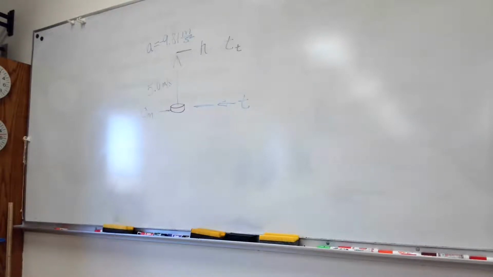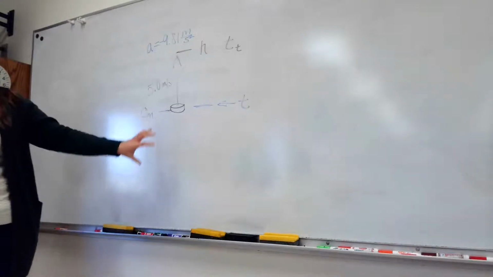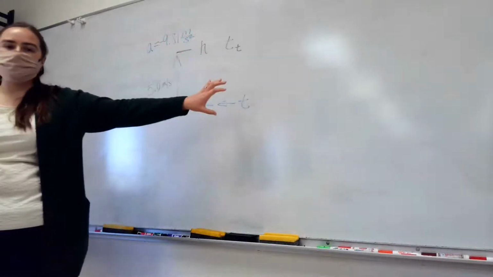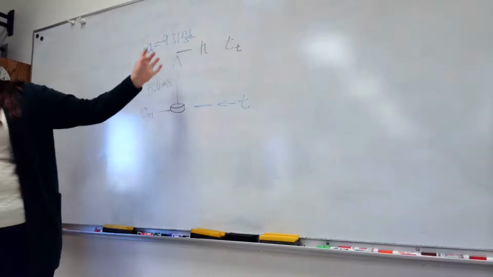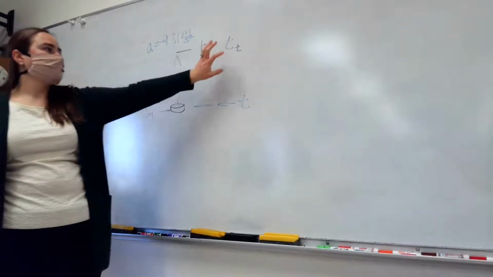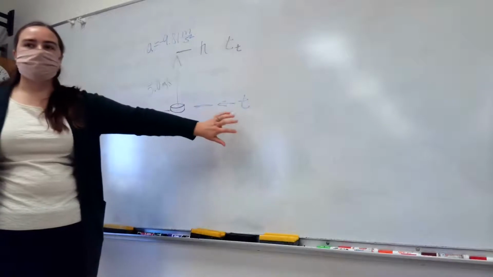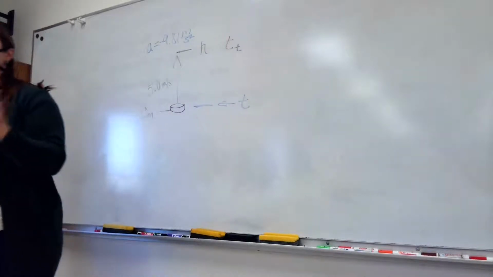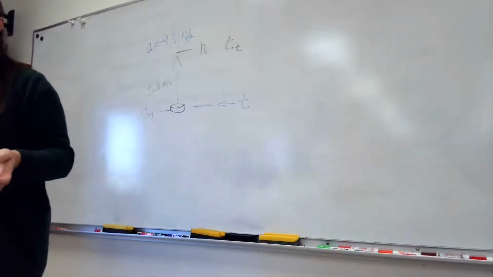No? You guys can't think of anything right now? All right. So we've got some things defined, and it's always better to define more things than less things. We may not use all of these variables. There's ways that we can solve it using the time to the top. There's ways we can solve it using the total time. There's several different ways we can actually solve this problem.